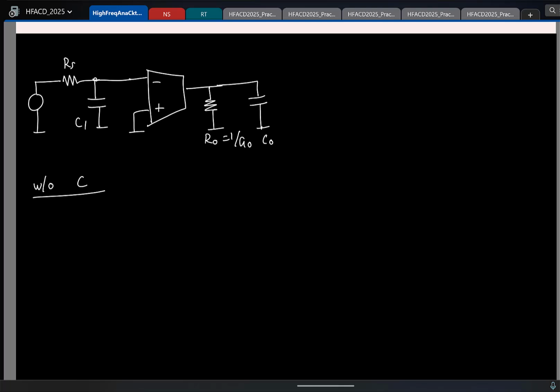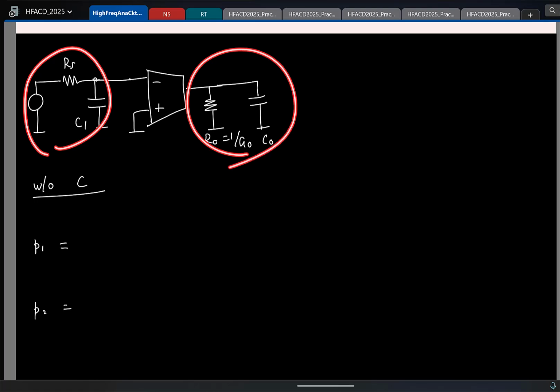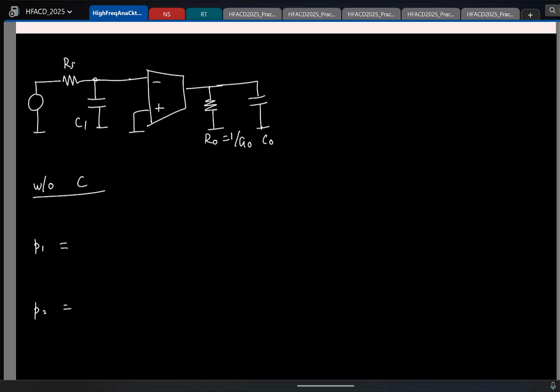For this case, what were the pole locations? In this case, we saw the RC sections were not coupled. So what are the pole locations? Gs by C1 and G0 by C0. Okay, conductance by capacitance. Simple.